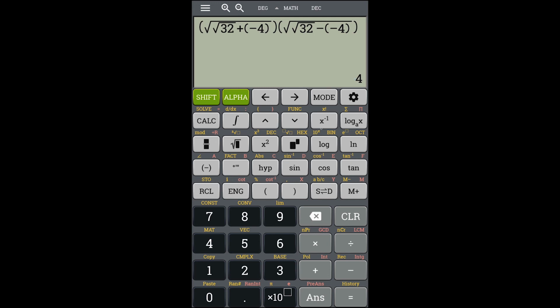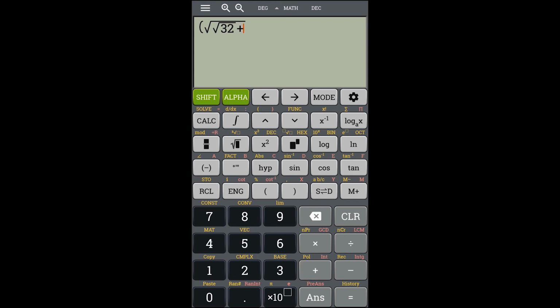But then let us substitute with a 4 and see if we will get the same answer. So we will bracket square root of 32. We have the square root of 32 plus x.